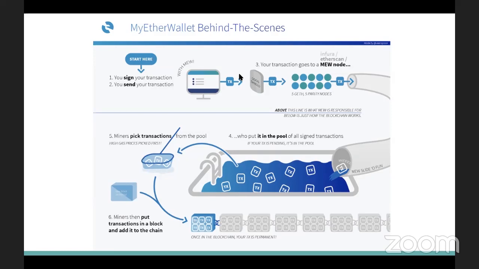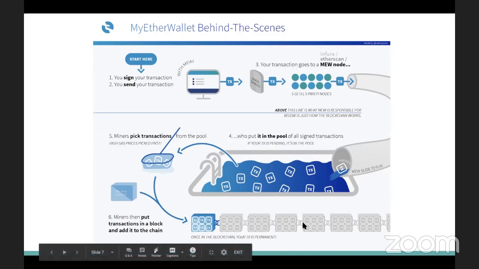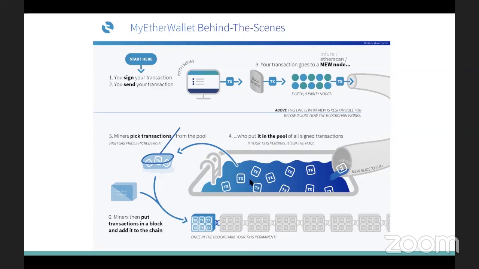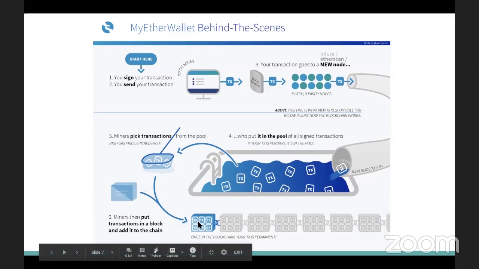and this transaction will go to something called the mempool, the transaction mempool, which you can see here as a swimming pool with all of the transactions that people have signed. The miners will pick transactions from this pool, and if everything is okay, that transaction will be included in a block.